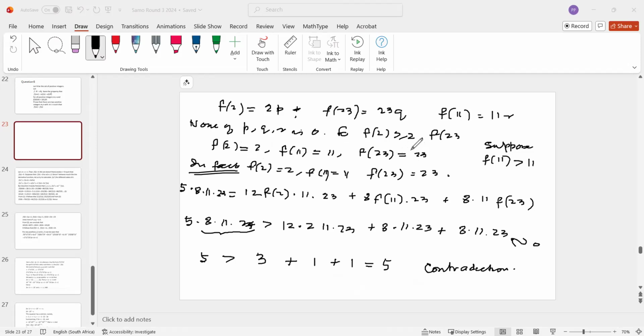Now we know not only f of 2024, but we know 3 other values: f of 2, f of 11, f of 23, and all of them are equal to themselves. Okay.